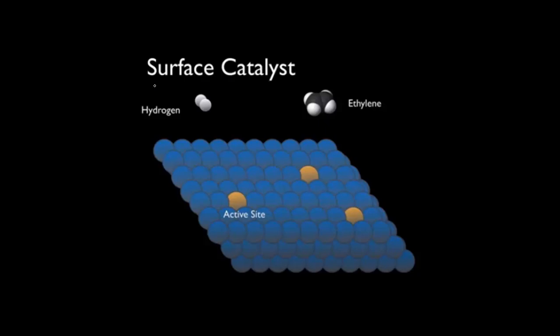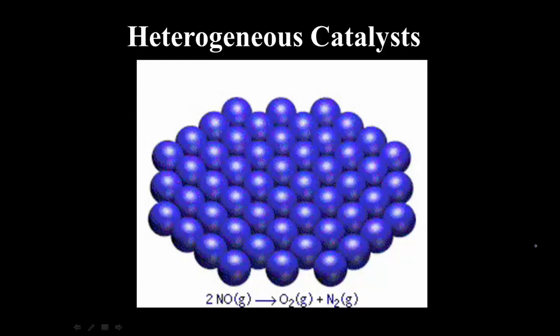The surface catalyst, sort of like your catalytic converter, has a platinum surface, or it could be gold or silver. It's a very pure metal surface where substances come down on that surface and then interact, break apart, and leave. In a platinum-based catalytic converter, nitrogen monoxide molecules in the exhaust stick to the surface of the platinum.